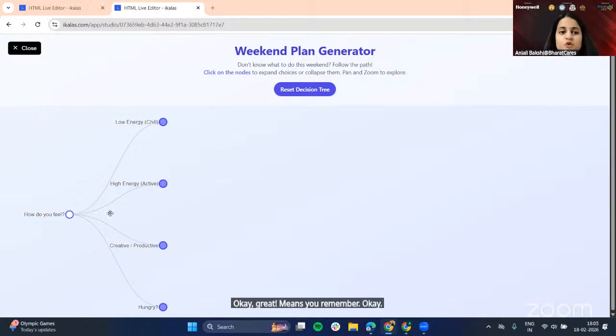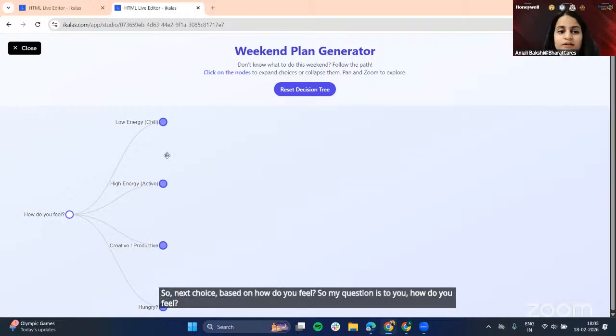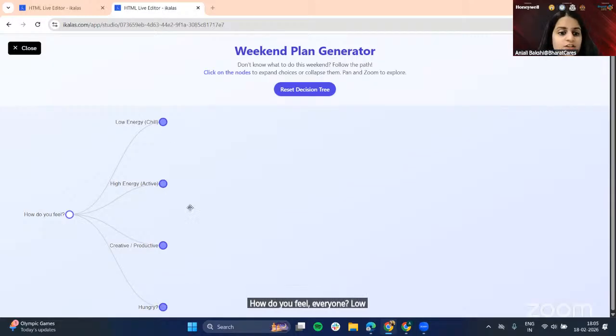Next choice, based on how you feel. So my question to you: how do you feel, everyone? Low energy, high energy, creative, hungry. Okay, I have got high energy, great, and creative. Let's go for high energy.